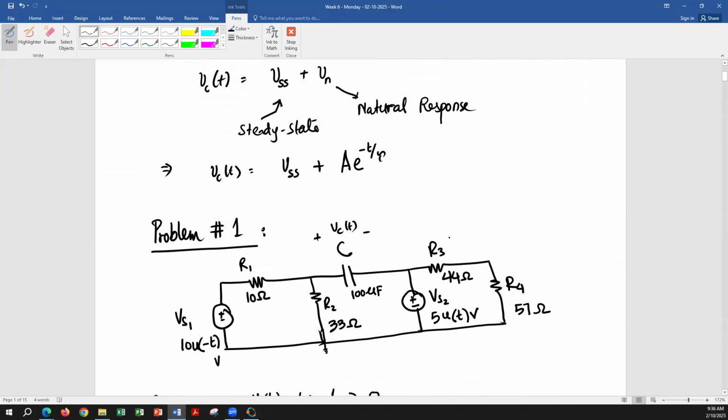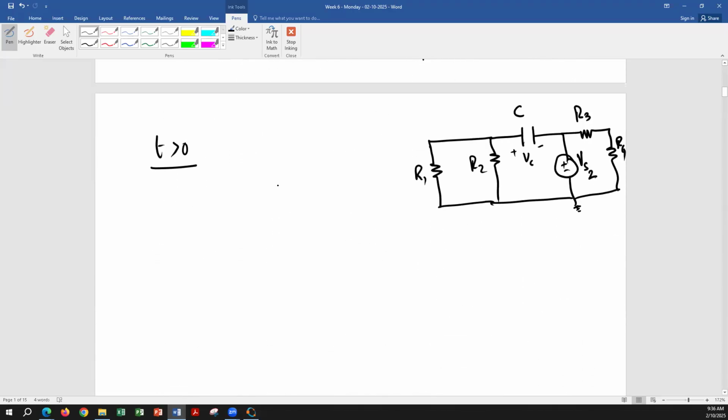So now we can write down our generic equation, plus A e to the power.